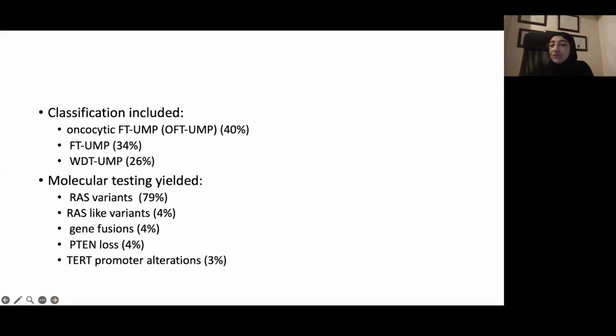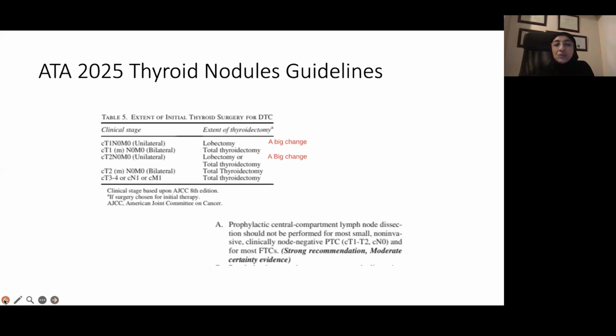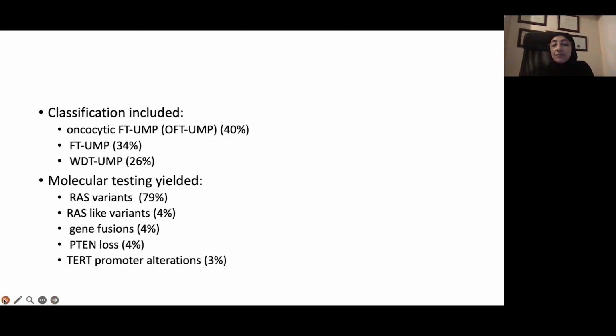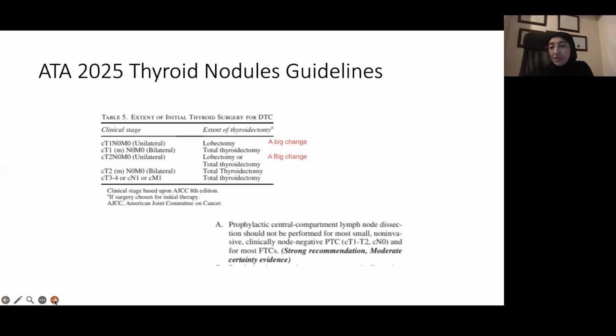So those over 300 cases were subclassified into a follicular type or a well-differentiated type of uncertain malignant potential and an oncocytic type as well. Most of them harbor the RAS variant mutation. And remember, experts still consider them a benign form of tumor. But I think multi-center studies are needed to prove the same thing and to attain such a practice.